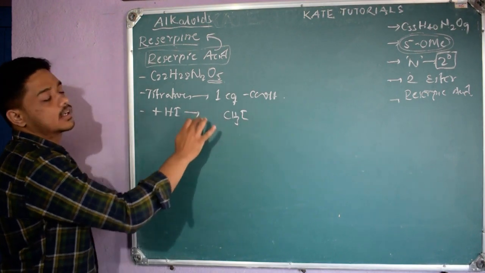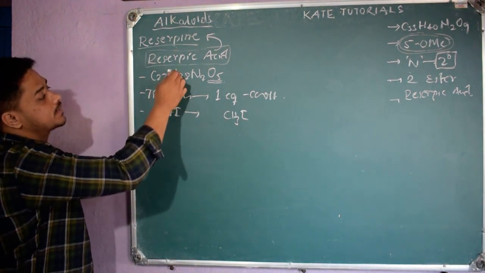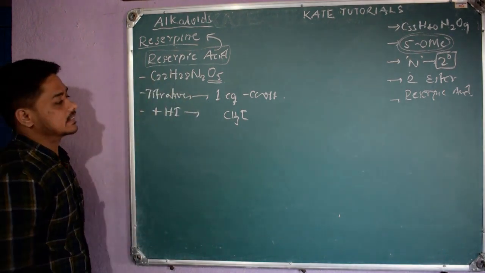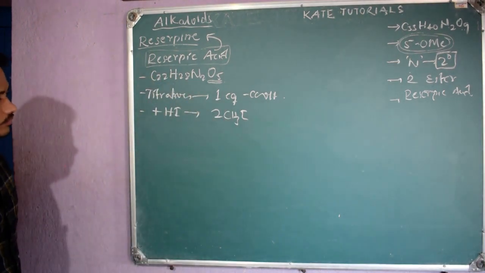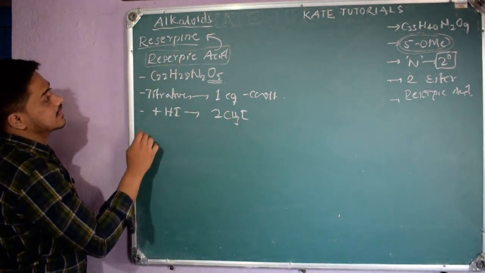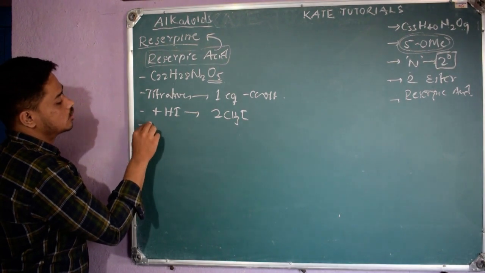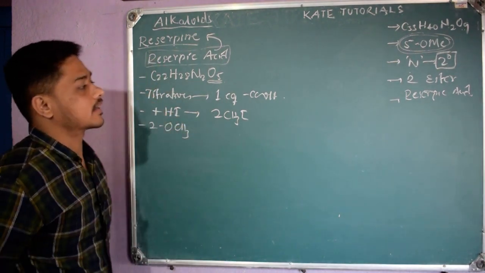From how many equivalents of methyl iodide are formed, we can see how many OCH3 groups are within this Reserpic acid. They found that 2 molecules of CH3I were formed.